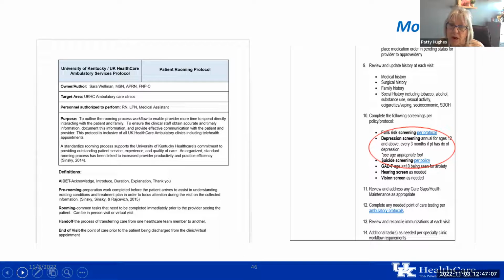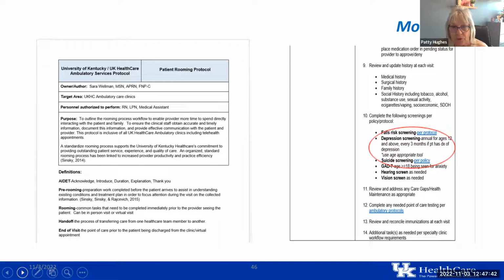We want to screen our patients, and the expectation is that we do it annually, but the practice is the MAs do it with every patient, because we want to make sure that when a patient shows up in one of our specialty clinics, we're capturing those patients as well as in the primary care clinics, because again, the primary care clinics are very good about annual screenings.